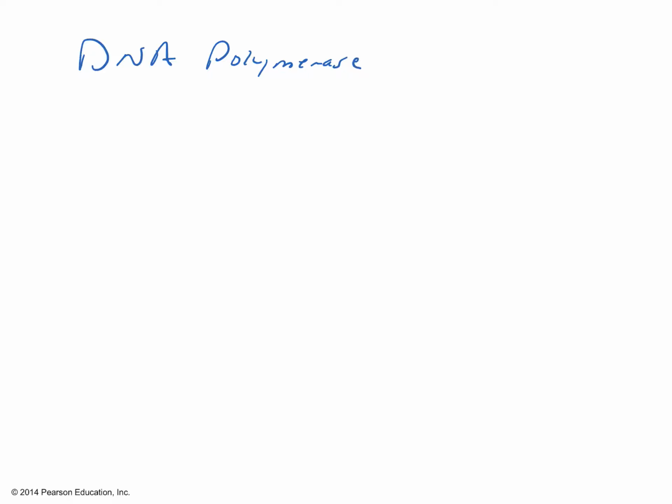Okay, DNA polymerase works pretty fast. Typically in bacteria, it is going to zip along that parent strand and add nucleotides at a rate of about 500 per second. In eukaryotes, such as ourselves, it's a little slower.